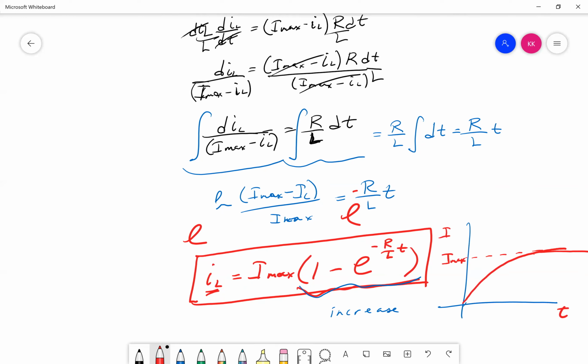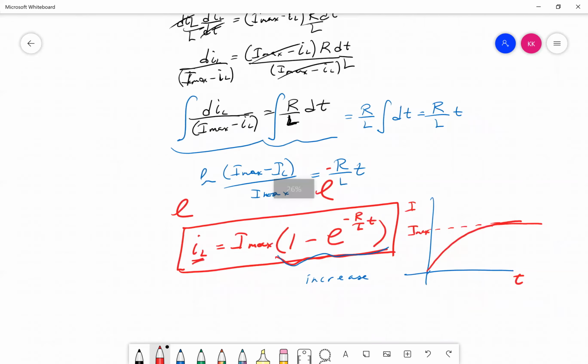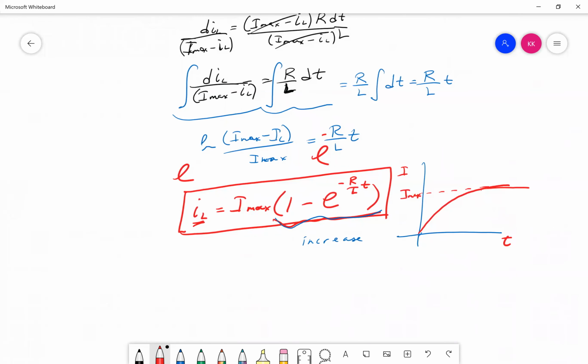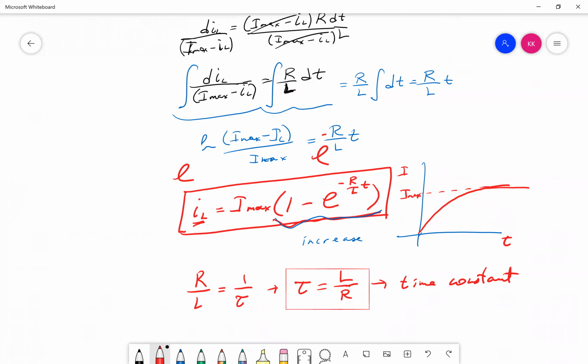Now, one of the important things here is this ratio, R over L. It is defined as 1 over tau, or I can say that tau equals L over R. This tau is known as the time constant, just like the time constant for capacitors. It represents how long it will take for the current to change by about 63%.